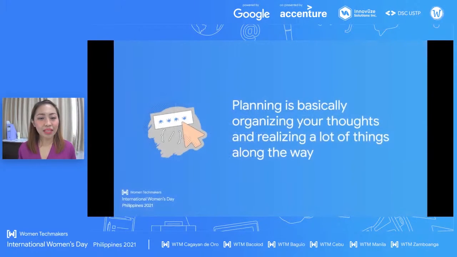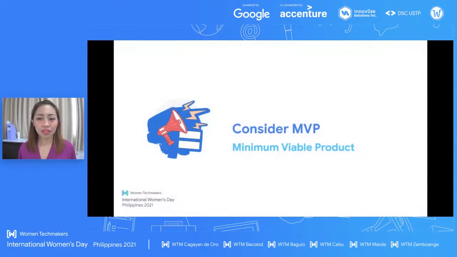Okay, planning is basically organizing your thoughts and realizing a lot of things along the way. So I really encourage you to plan. Sometimes it's overwhelming, especially if there are lots of things that you want to put in your app. What may be helpful is that you start with the MVP, where your app has its core functionalities first.